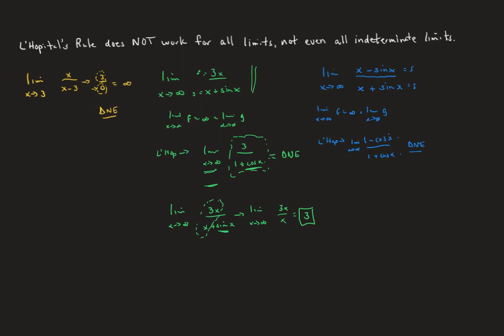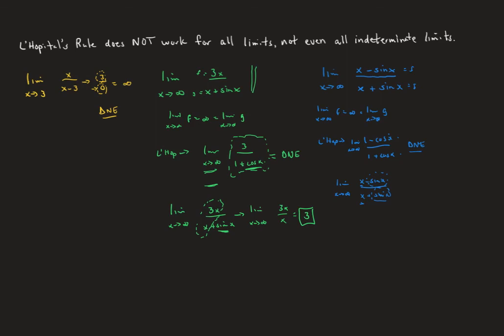But we don't need L'Hopital. Let's reason our way through again like we did before. As x gets really, really big, imagine 1,000, 1,000,000, 1,000,000,000. These x values are going to be huge numbers, but the sine in both the top and bottom is stuck being something between -1 and +1.